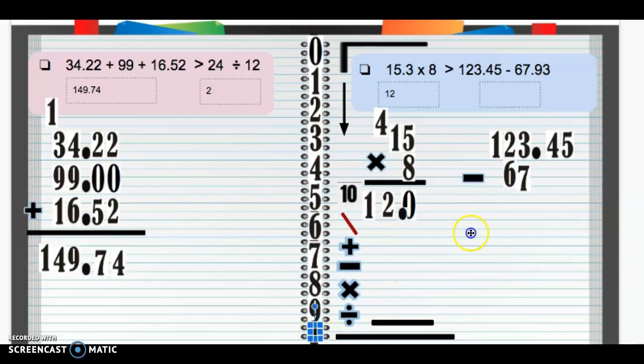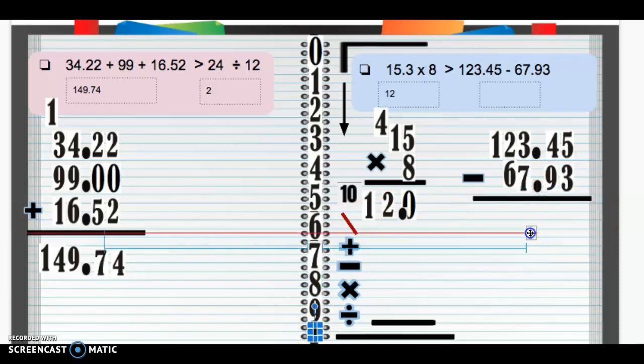Your decimal point, remember you line up your digits and your decimal point. Your 9 is in the tenths place, and your 3 is in your hundredths place. Okay? And then I begin to subtract. Drop my decimal before I start subtracting.